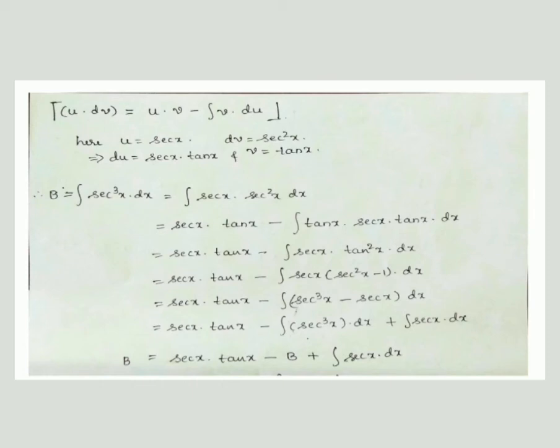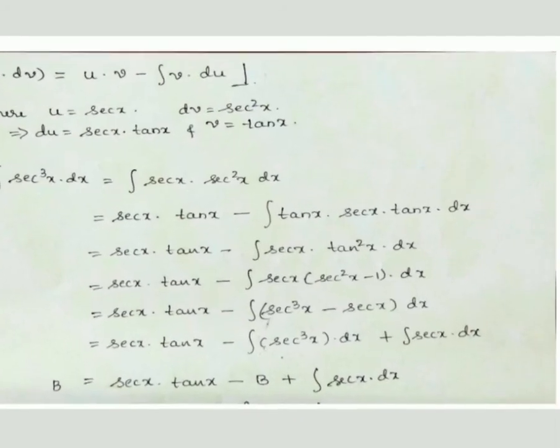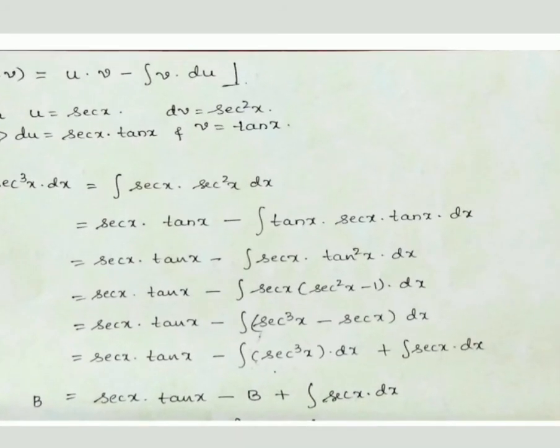Again for secant x into tan square x, I will simplify that one. Secant x into tan x minus integration of secant x into tan square x, which can be written as secant square x minus 1, that into dx. So again secant x into tan x minus integration of secant cube x minus secant x into dx, or otherwise minus secant cube x into dx plus secant x into dx.